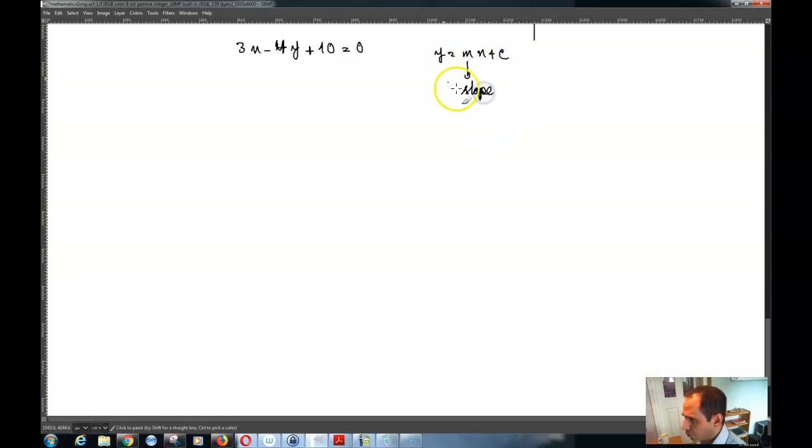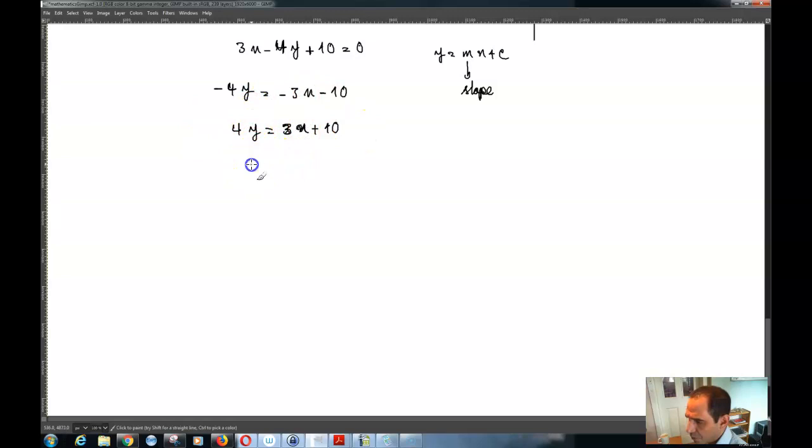So now if you were to not use the formula, what you would do is keep this negative 4y on the left side of the equation, and write negative 3x negative 10, and then multiply by negative 1, you'll get 4y is equal to 3x plus 10, and then divide by 4.